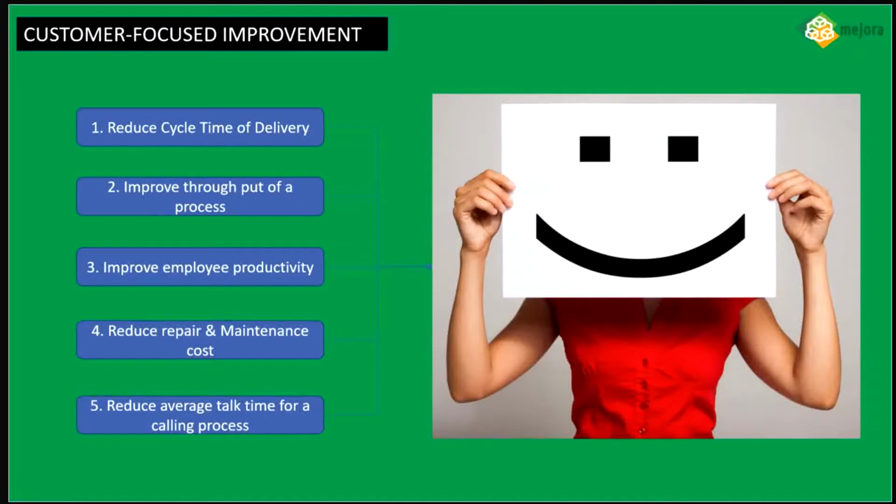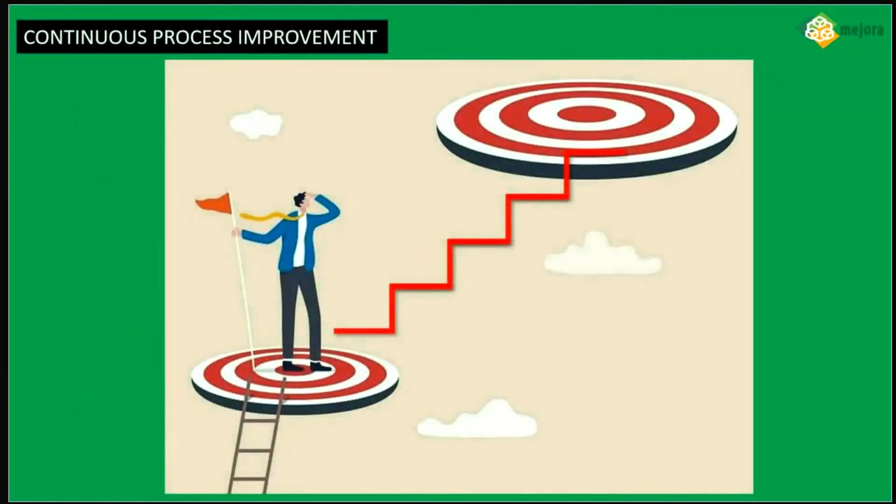Now let's go to the next part. Next is continuous process improvement. This term is a little confusing because improvement means improvement, so what does continuous improvement mean? Prima facie, you can say that anything we try to improve slowly but surely is continuous improvement. Yes, it is, but there is a different understanding to it.